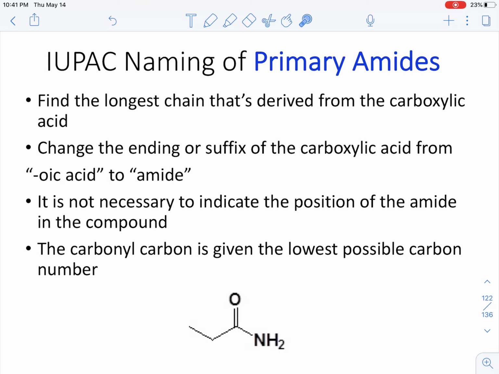I'm going to find the longest carbon chain, which is essentially this, and this is going to be my parent chain. I'm going to replace the oic acid ending, or you can even do it with the E, like what we've done in the past, where we drop the E and then add the suffix. In this case, the suffix is amide instead of amine.